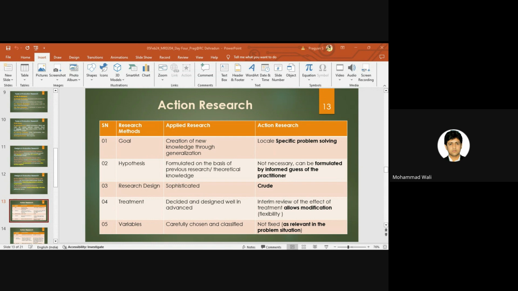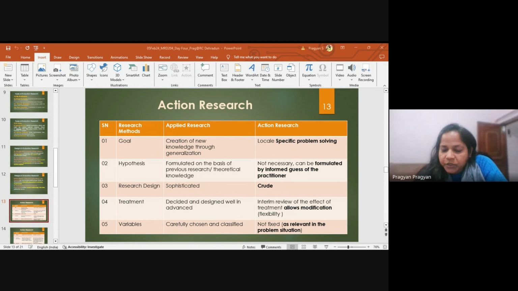So now what do we call it? Was it a true experimental design, or no, if it was an evaluation?